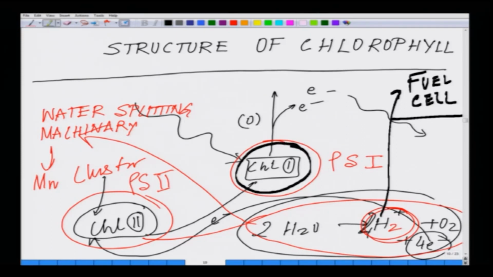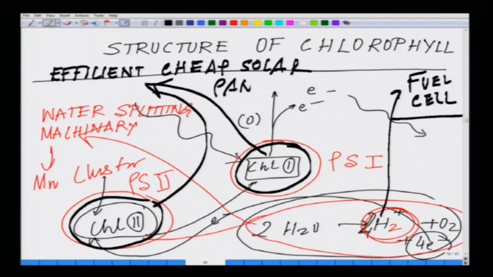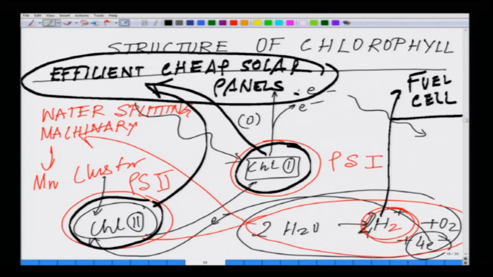Now, if we understand these and could really mimic this kind of structure, we can make efficient, cheap solar panels, and coupling this with these kinds of machineries, we can really have sustainable energy sources.